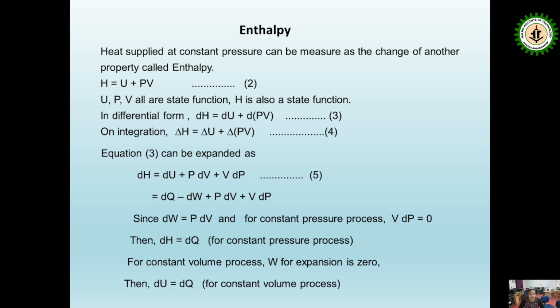Replacement of dU, as we know from the first law of thermodynamics, dU equal to dq minus dw. So we can write in place of dU: dq minus dw plus PdV plus VdP. And PdV equal to dw for constant pressure.